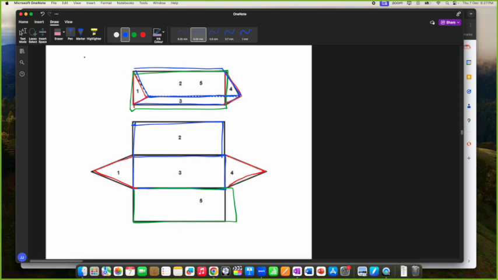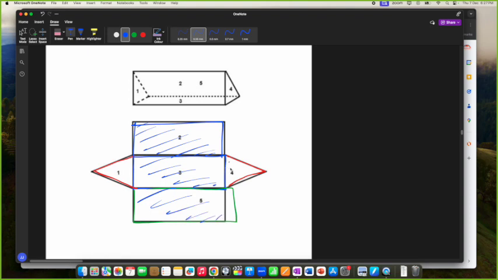And so you could see in a shape like this, right? And I hope that you guys are actually drawing these prisms. You should be drawing these things, or at least sketching it to see what it looks like. But with these things, you will see that you had to find the area of this rectangle, this rectangle, this rectangle, and then you have 2 triangles here that you have to find the area of.